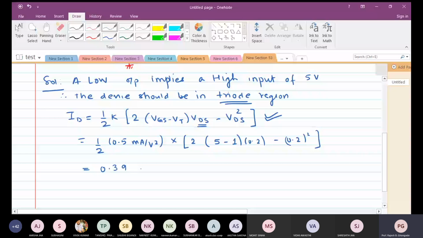It is simply VDD minus VDS by ID. What is VDD? 5 volts. What is VDS?